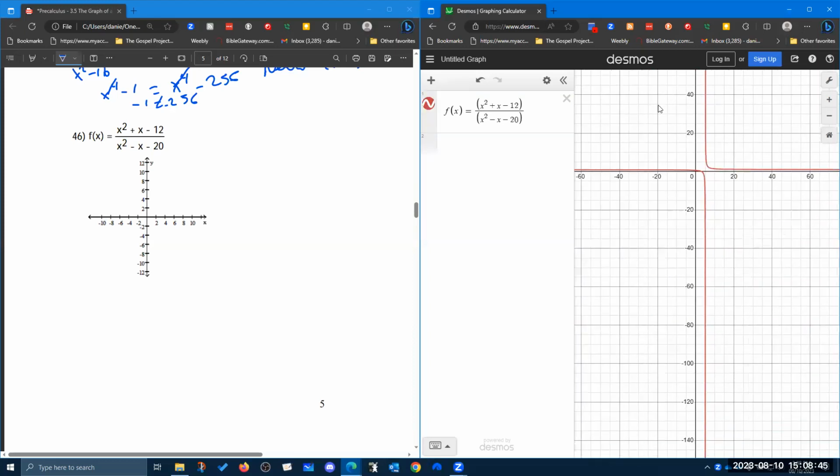Our horizontal asymptote here is y equals 1. We've got vertical asymptotes at x equals 2.